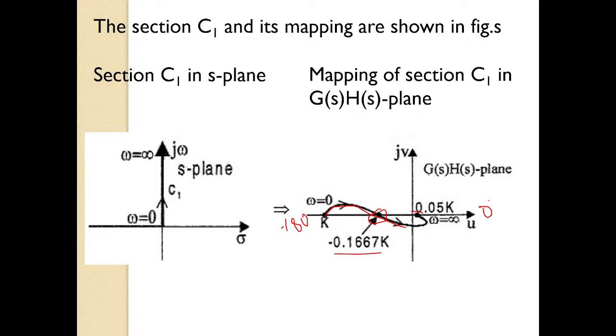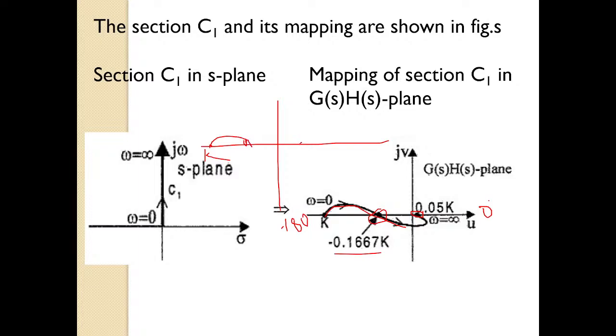Locate some point. So this is my point, 0.05 K point, some point on the real axis. It need not be very near, so I am drawing it. Let us assume this is my K point, and this is my intersection point. The plot will start and pass through this.